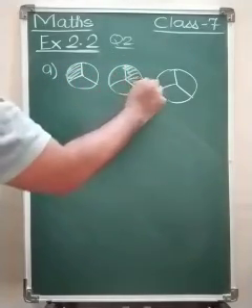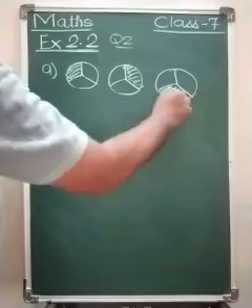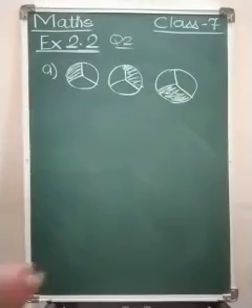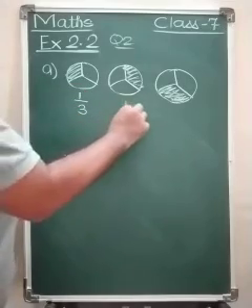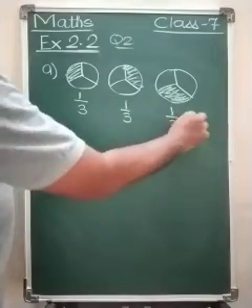Here also one part, here also one part. So this is the fraction, the denominator is 3. 1 upon 3, 1 upon 3, 1 upon 3.